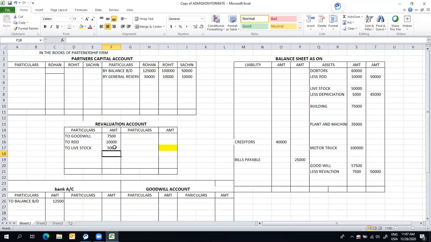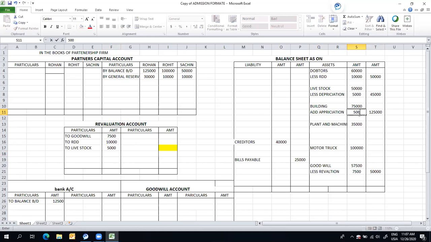Next is building 1,25,000. It was 75,000 earlier, and now it is revalued at 1,25,000. So it must have appreciated. ये appreciate हुआ होगा. That's why it became 1,25,000. So it appreciated by 50,000.